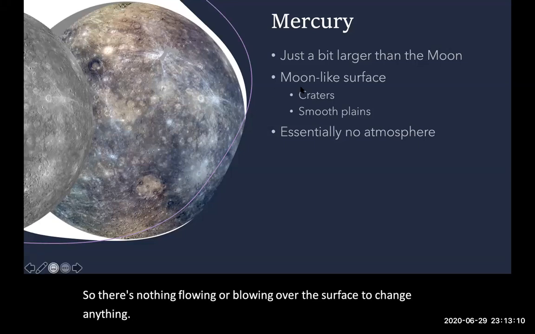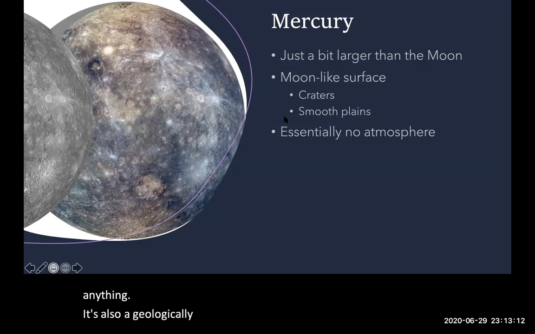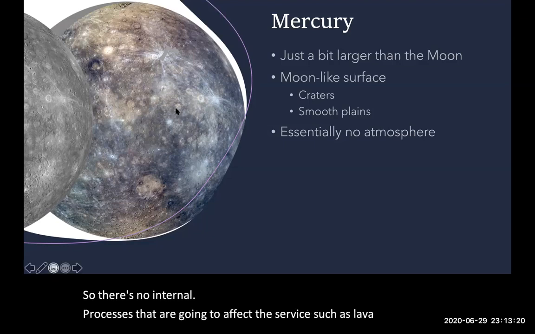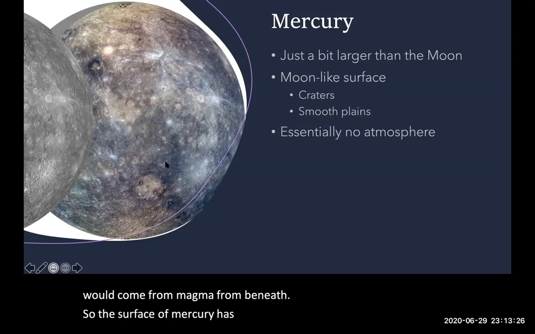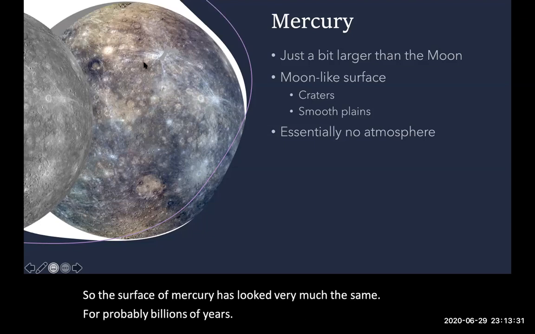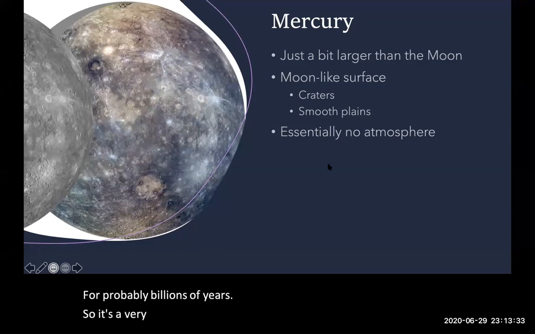It's also a geologically dead planet. So there are no internal processes that are going to affect the surface, such as lava flows, which would come from magma from beneath. So the surface of Mercury has looked very much the same for probably billions of years. So it's a very old surface.